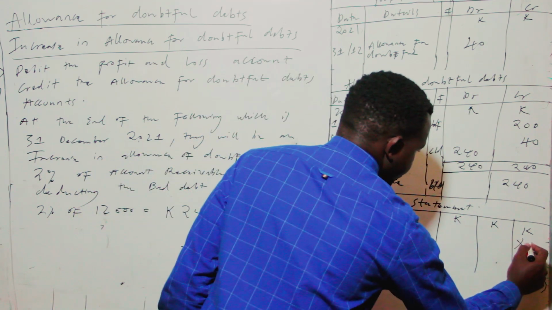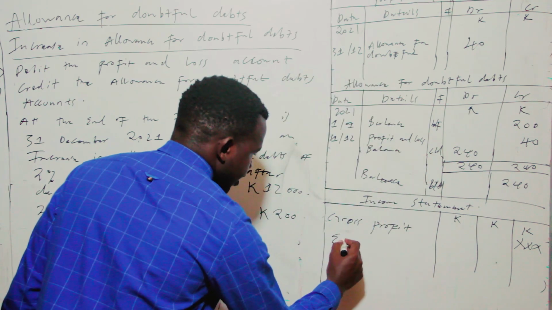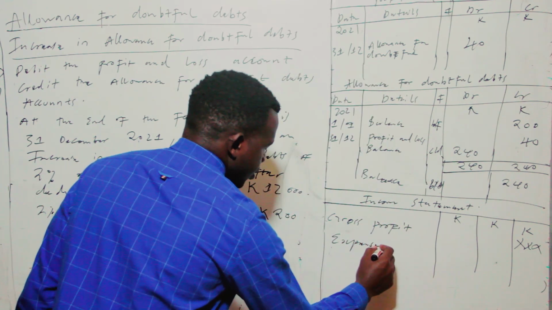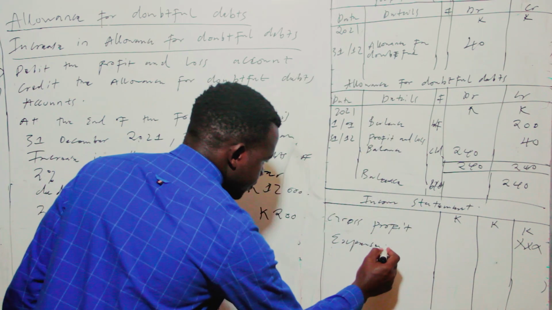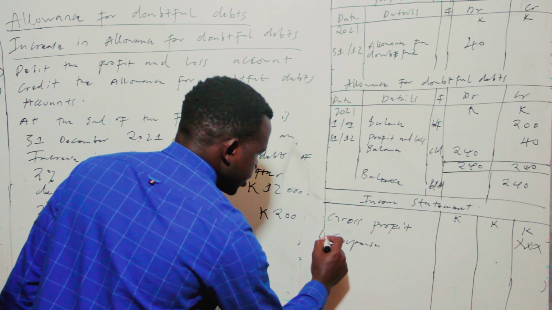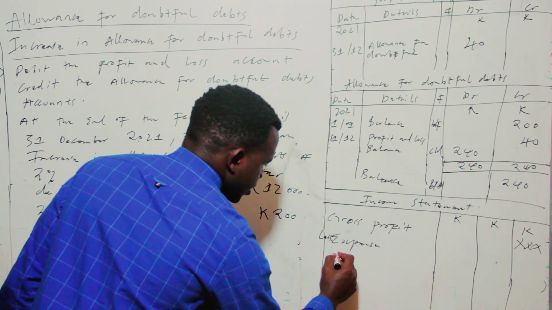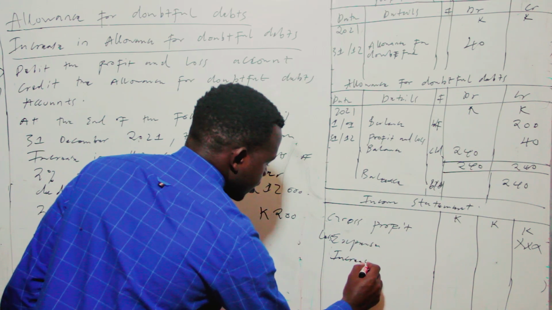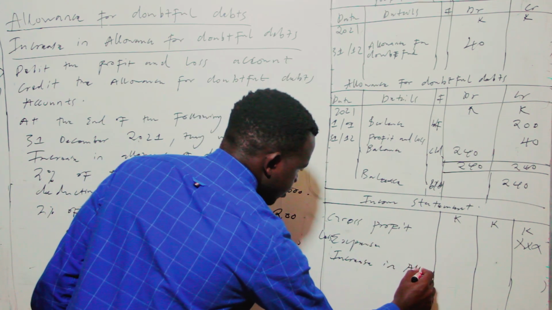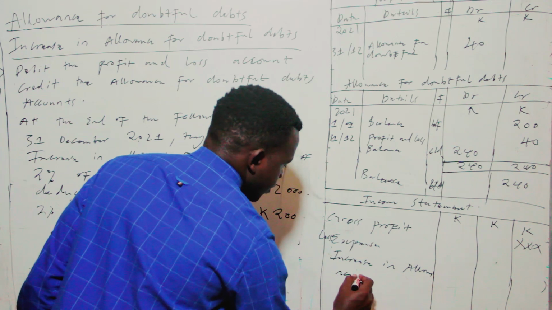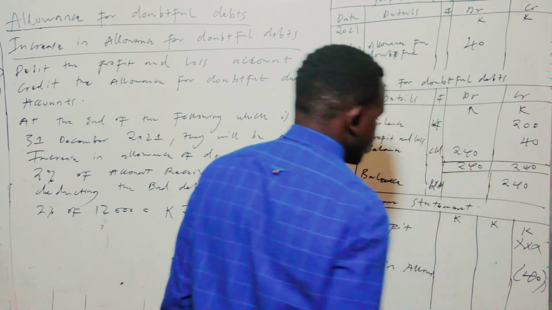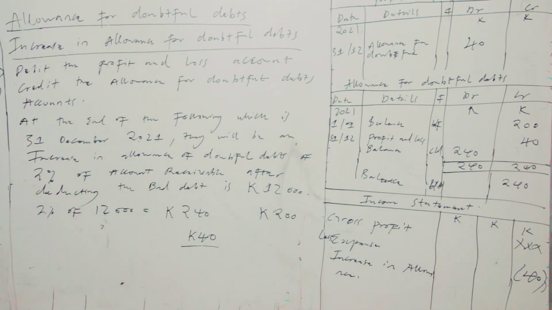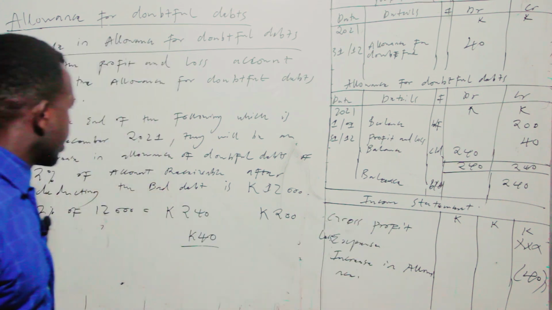If you have gross profit of X there, then we have less expenses. The expense that we are going to show there is the increase in allowance. It's just supposed to show 40 kwacha. So we're going to subtract 40 kwacha. That's how you can show the income statement.